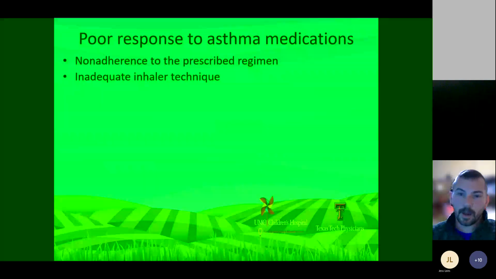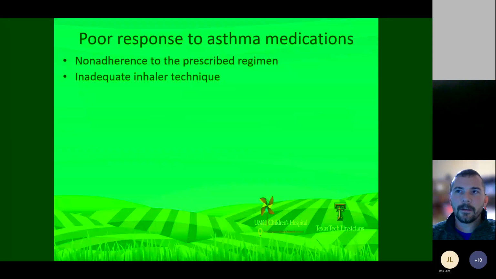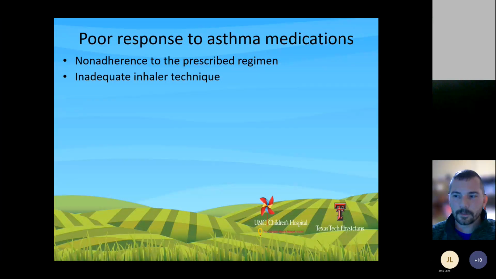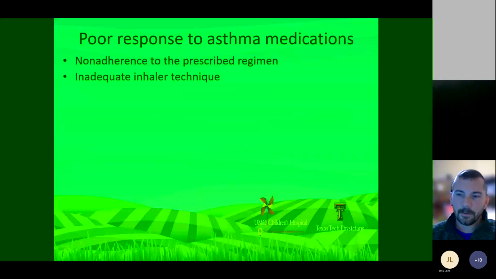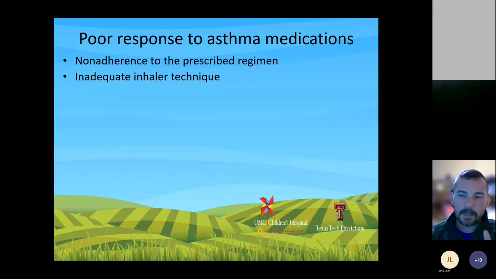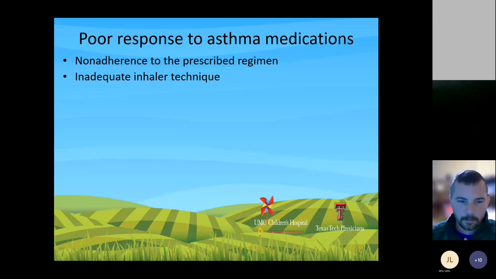Technique is a huge problem. I really prefer, and even if I send toddlers or infants home, we will still use the nebulizer. However, an MDI, using the little puffer, can be used on anyone, and I prefer it because you don't have to carry a machine around. Well, how do I administer it?